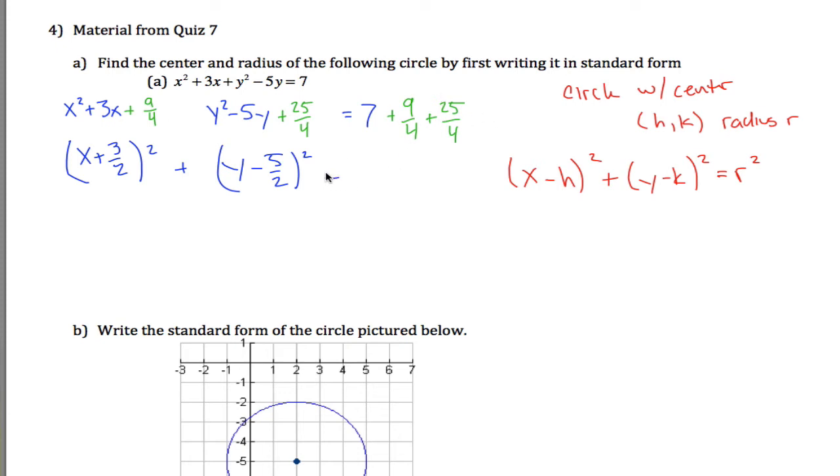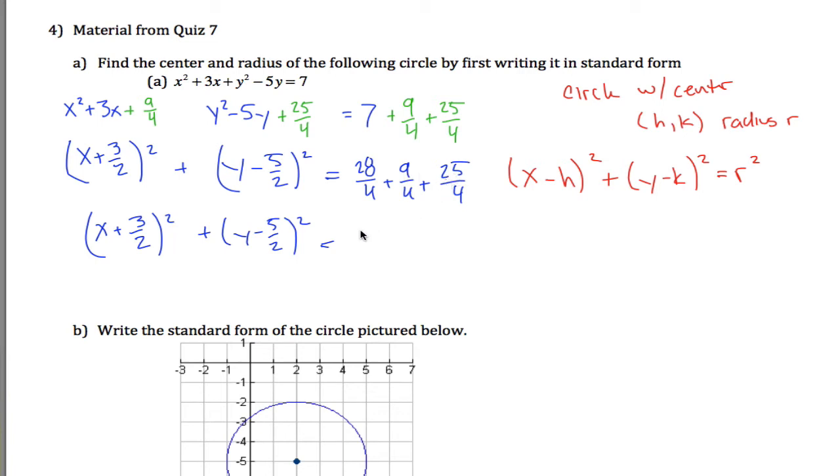Over here, yeah, okay, I guess I need to get a common denominator. This is 7/1, so I could say it's 28/4. So what I have is x plus 3/2 squared plus y minus 5/2 squared is equal to 28 plus 9 is 37. 37 and 25 is 62.